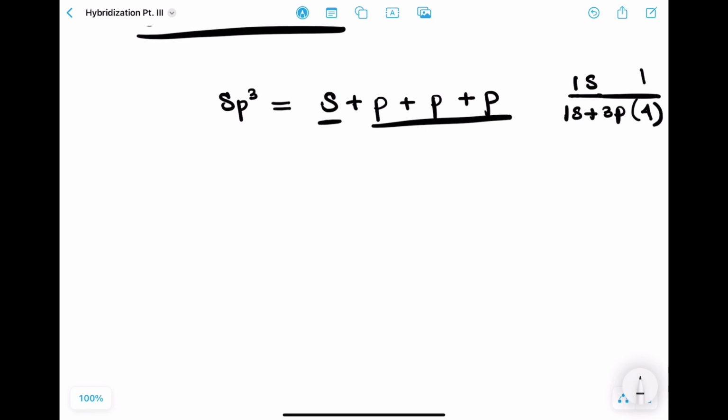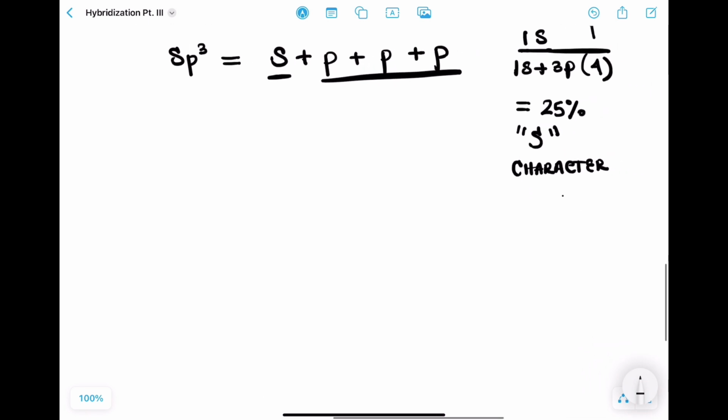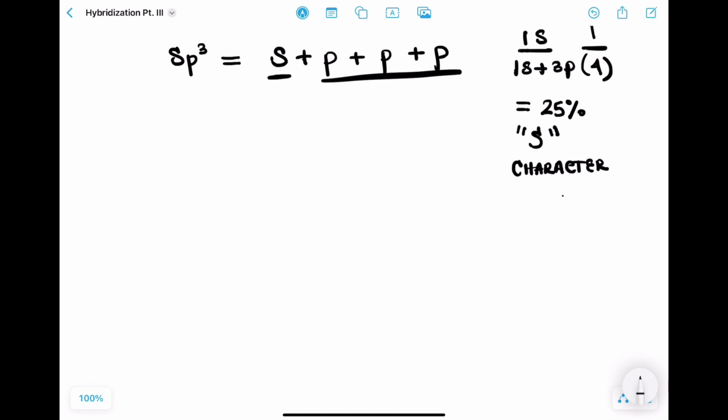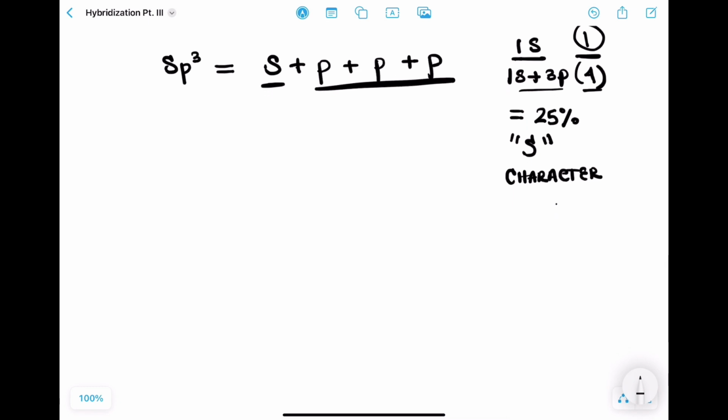So 1 divided by 4 is going to be 25%. So we would say we have 25% s character. There are 4 orbitals total. The s orbital is 1 of 4, and so 1 of 4 is 25%.